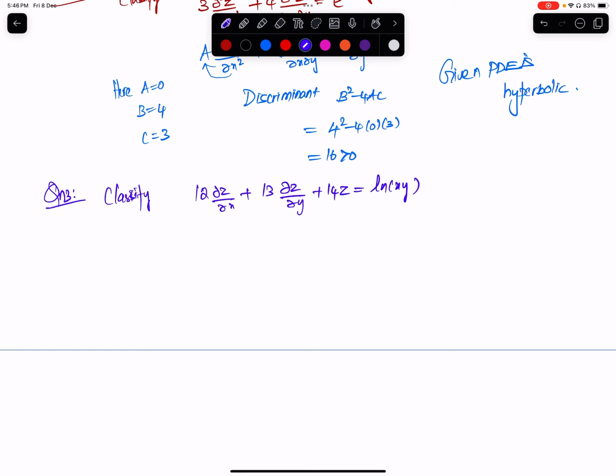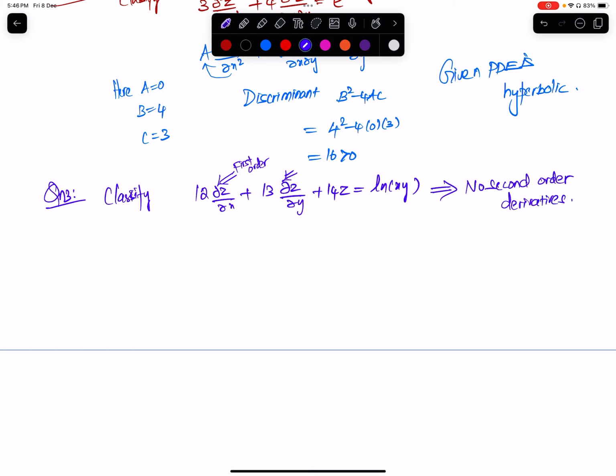Don't forget, do you see any second order derivative here? This is first order, this is first order derivative. So there is no second order derivative in this.